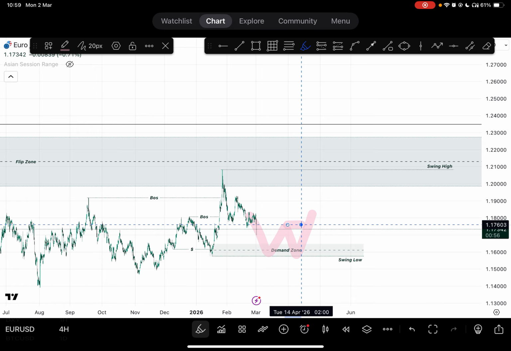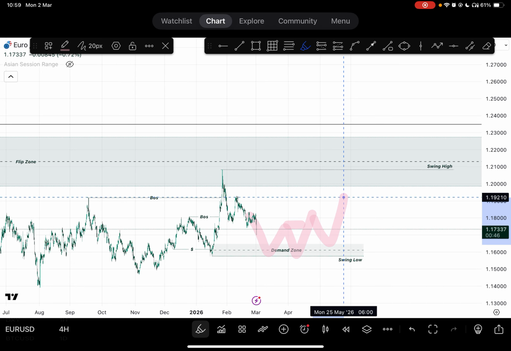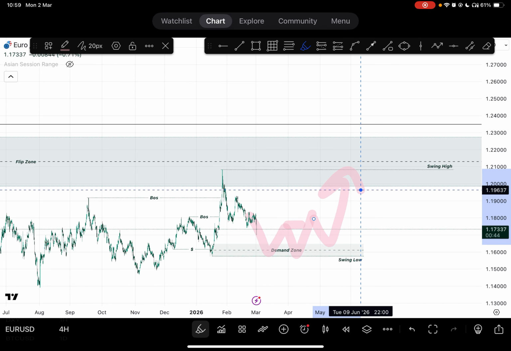That's where we will know that we have seen a bullish shift that also aligns with the higher time frame, the daily and the 4 hour structure. Then we can start looking for opportunity to buy to the upside.